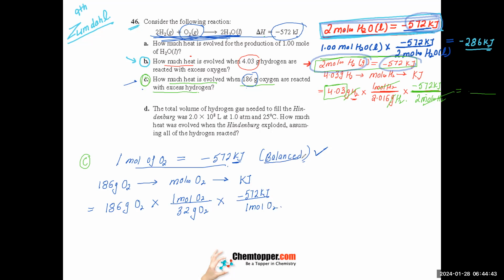This ratio I have taken from the balanced equation. Solve it. Go for three significant figures because the starting number given has three significant figures. Rest all are ratios. Right? And that will be the answer. So we are good with the C part?